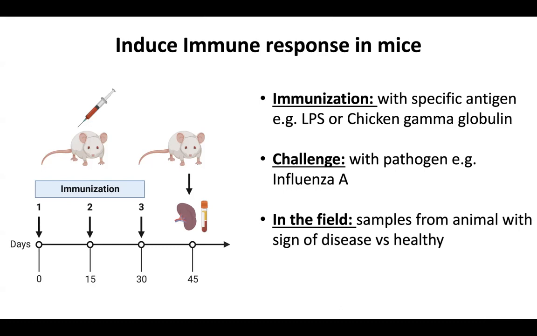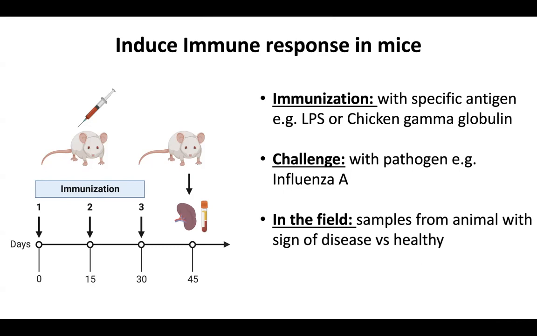But this is not always doable in the field. Of course, in the field, you don't have the controlled environment. You work with wild animals that have been exposed to all kinds of microbes.